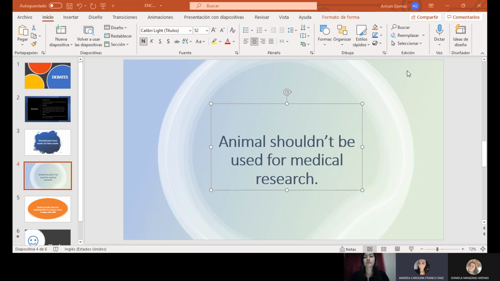I think there must be other options to make advances in the medical part. Also, humans often benefit from successful animal research. The pain, the suffering, and the deaths of animals are not worth the possible human benefits.